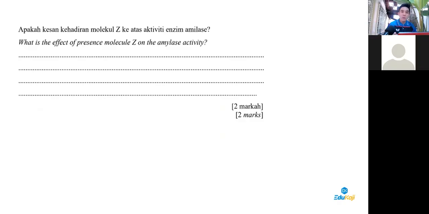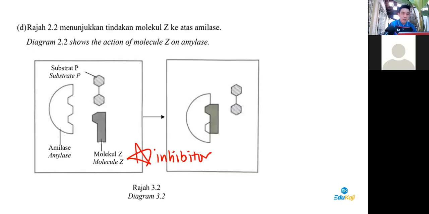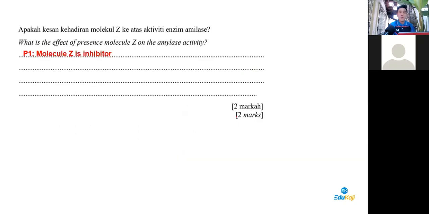Now, what happens when there's molecule Z? If you look at molecule Z, the reason it is able to fit is because it has a structure that is able to enter the active site and prevent the substrate from entering. So we say that Z is an inhibitor.